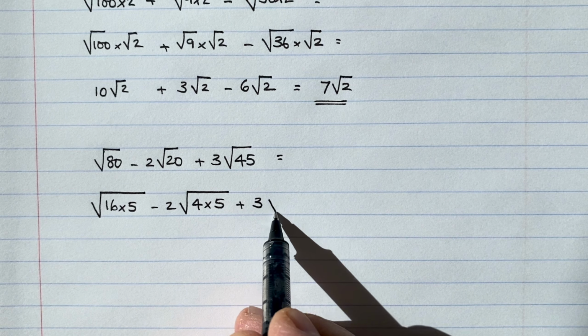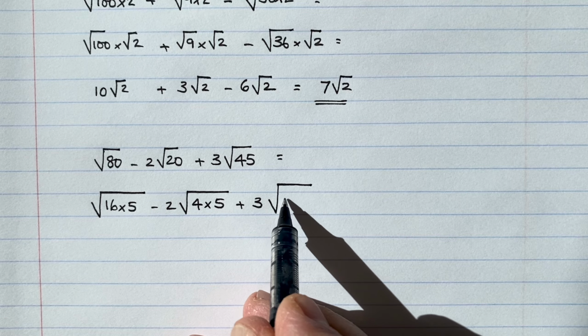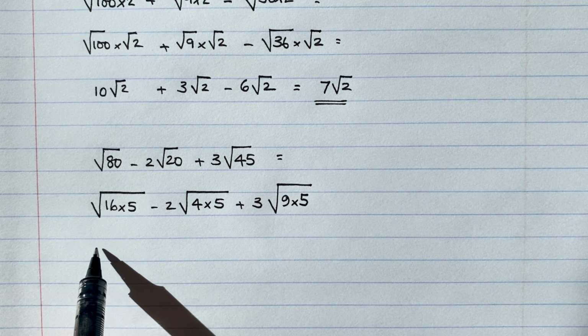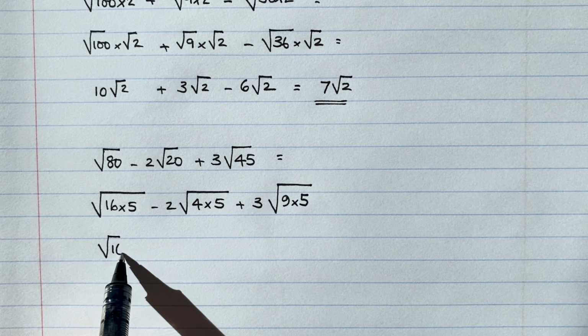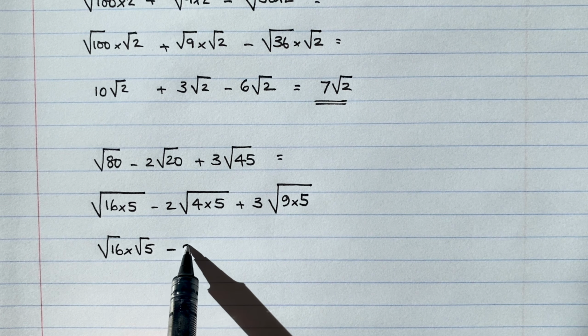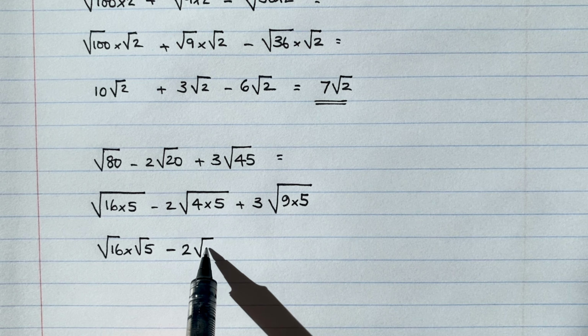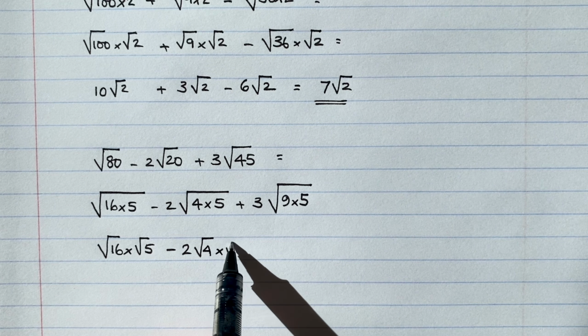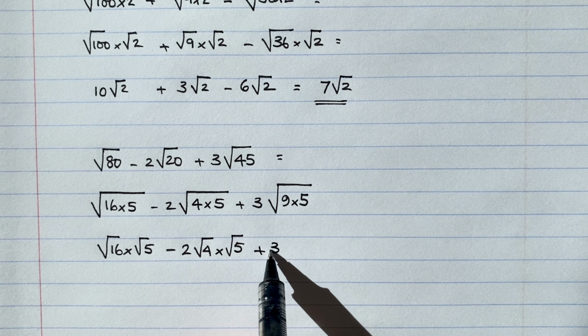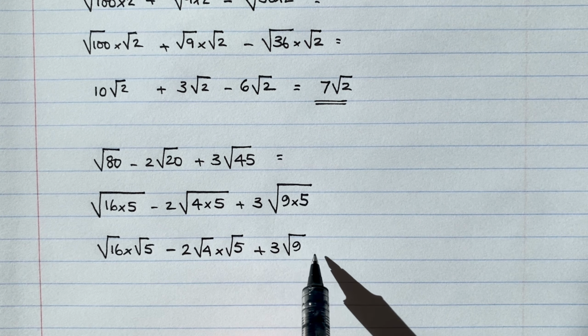And 3 root of 9 times 5. Root of 16 times root of 5, take away 2 lots of root 4 times root 5, plus 3 lots of root 9 times root 5.